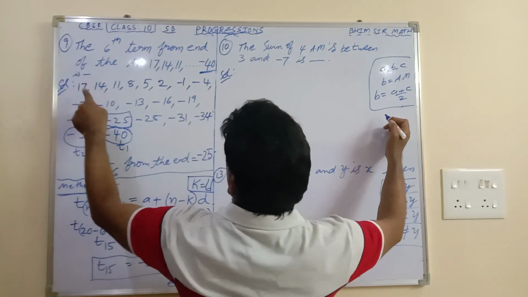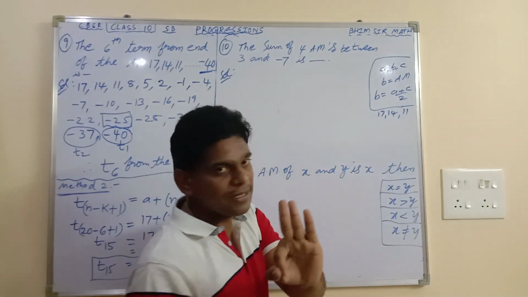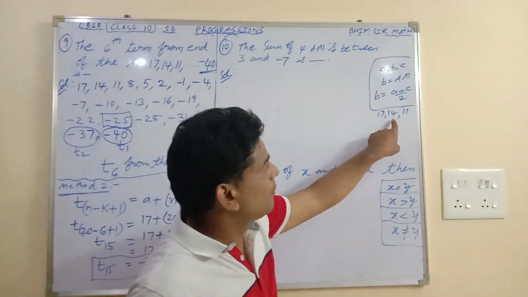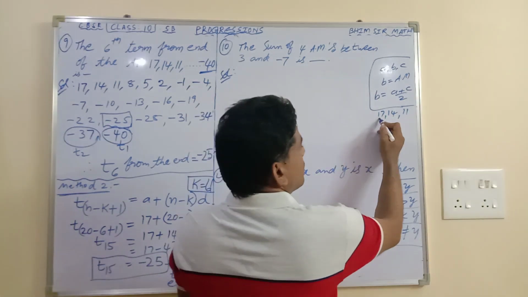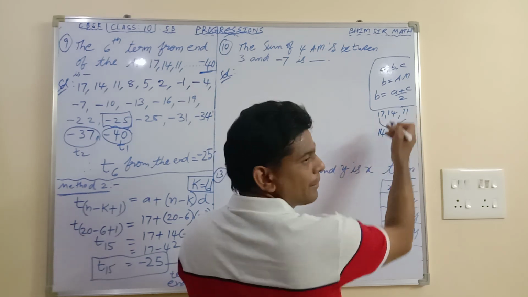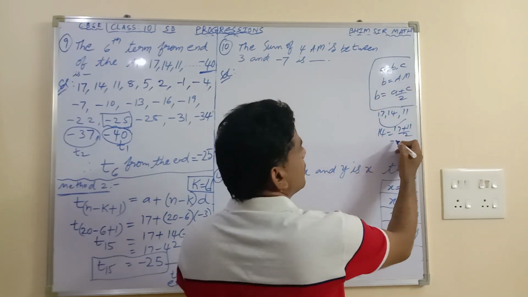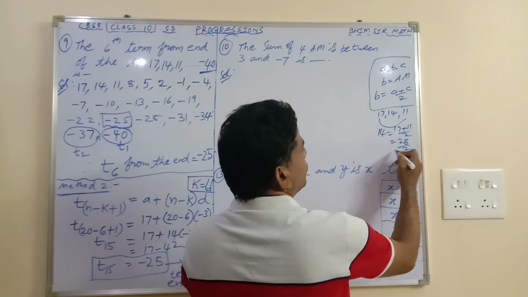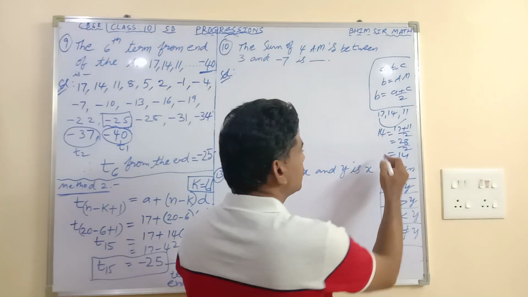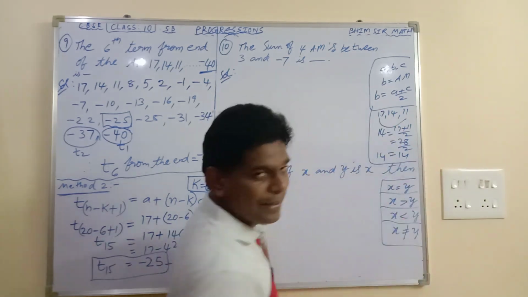Suppose here 17, 14, 11. Check it. 14 is nothing but (17 + 11) by 2, which is 28 by 2, which is 14. So that is the meaning of arithmetic mean.